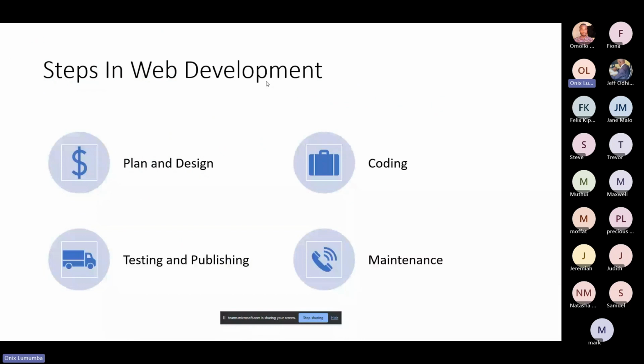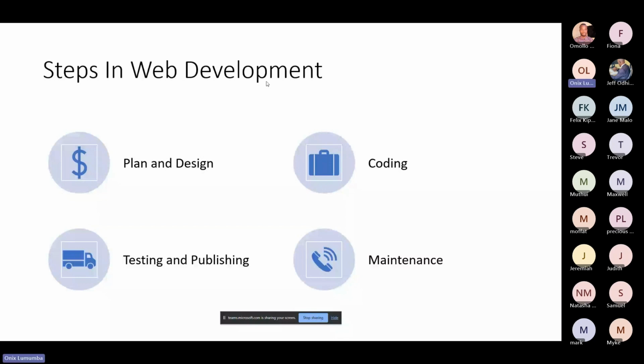Okay, there are some short steps in web development. One step is planning and designing. On the planning and designing phase, this is when you collect the user requirements and the system requirements, what you want developed, so that you can develop something that is user friendly and meets the needs of the user.